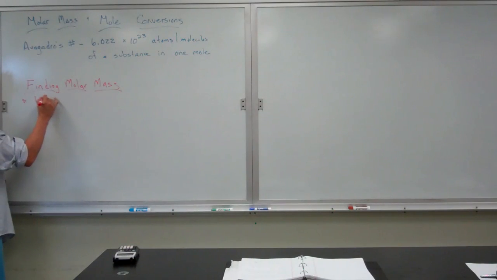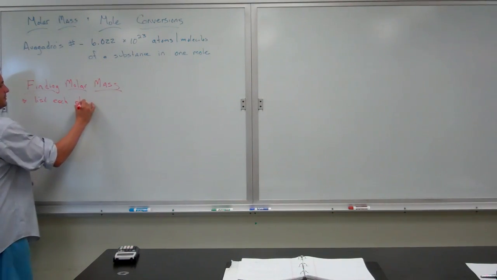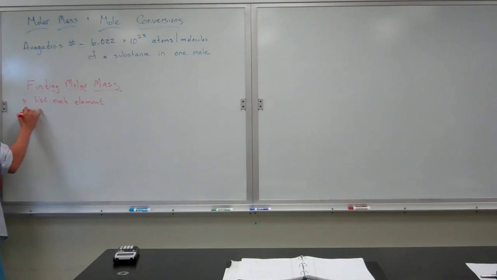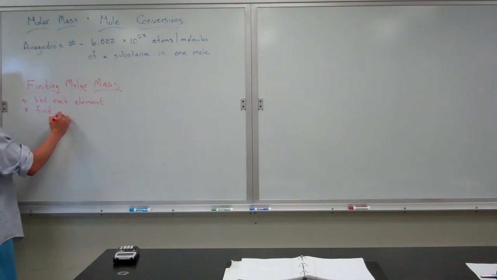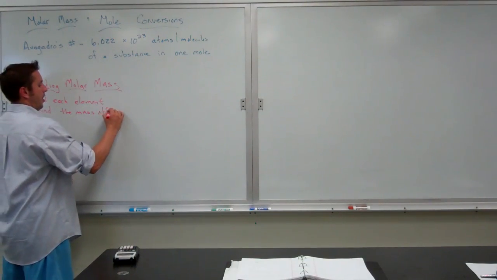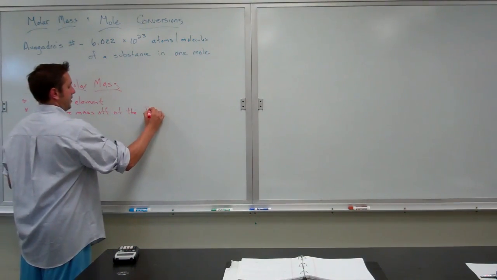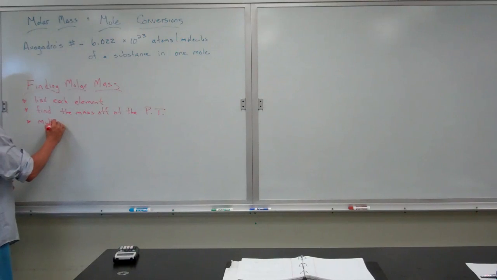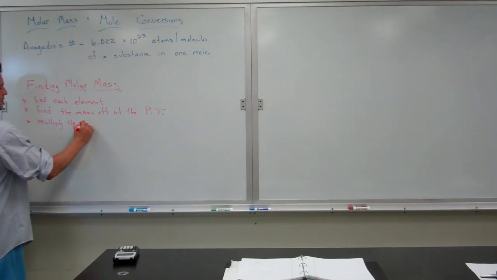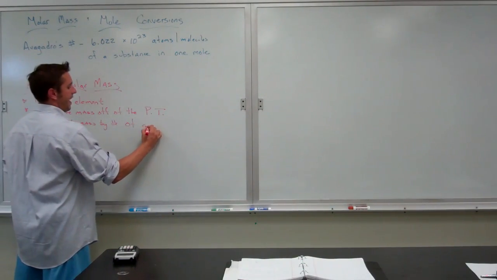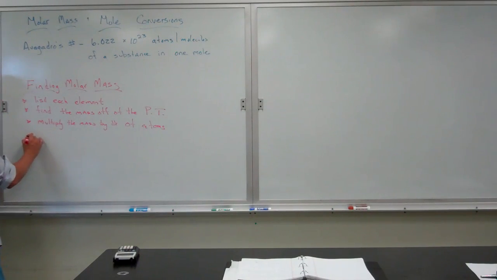So you list each element, find the mass off of the periodic table, multiply the mass by the number of atoms, and then add them all together.